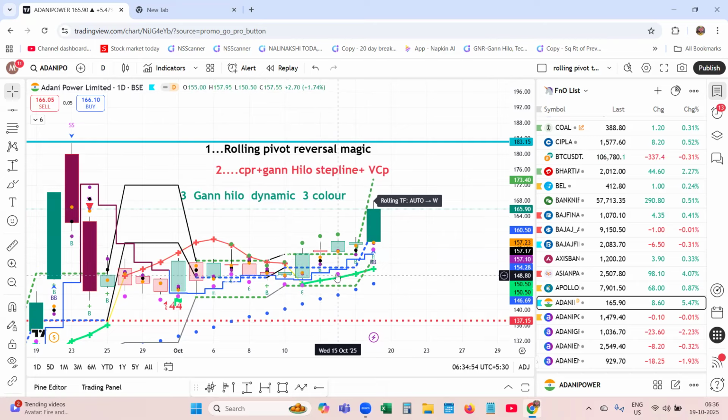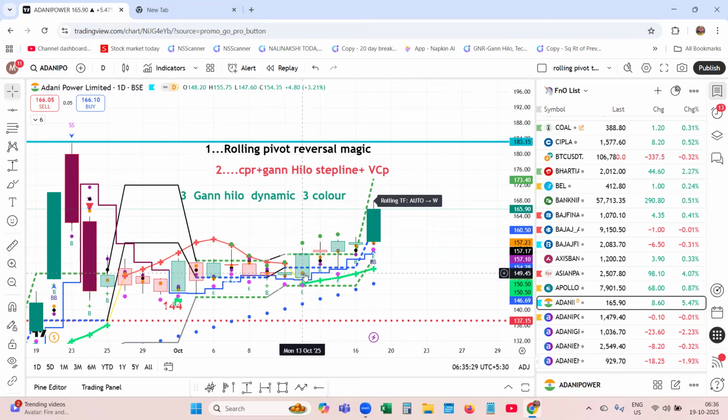See here at the bottom, purple colored dots indicated a narrow CPR, and if you carefully observe, the CPR was rising when the volatility contraction bands were forming, indicating the contraction. You can see the price. If you would have entered your trade on October 13th, how many days?